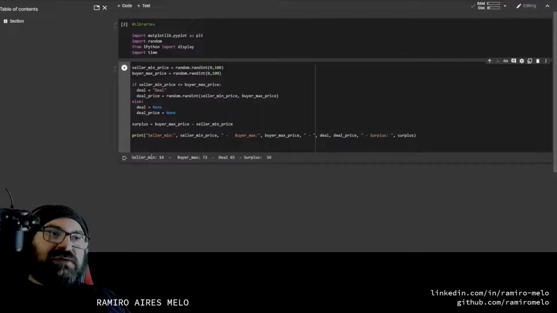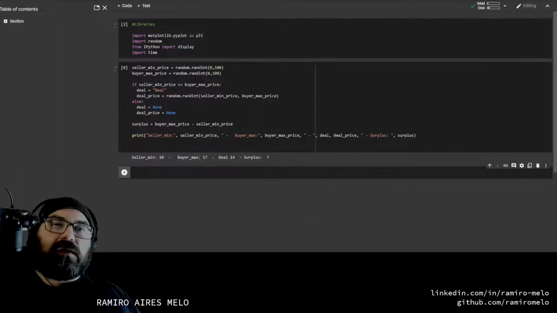And now the seller is willing to sell for $16 and the buyer is willing to pay $72. Of course, we have a deal, and the computer picked a random number between these two to represent the deal price, okay? So this buyer and this seller made a deal at $65, and the total surplus is $56. Okay, it seems to work fine in one simple case.